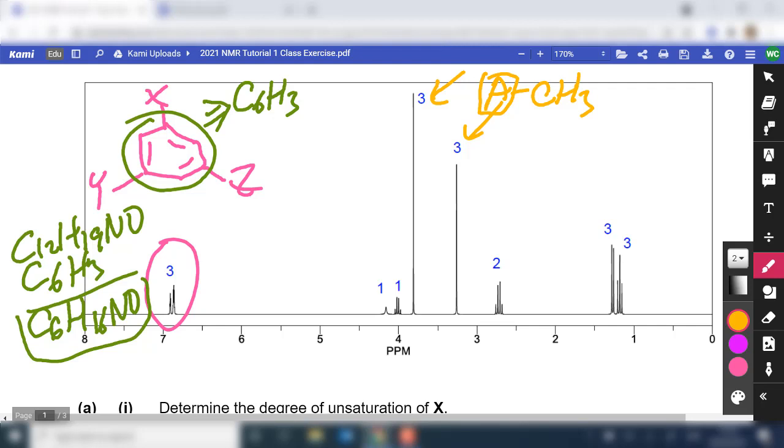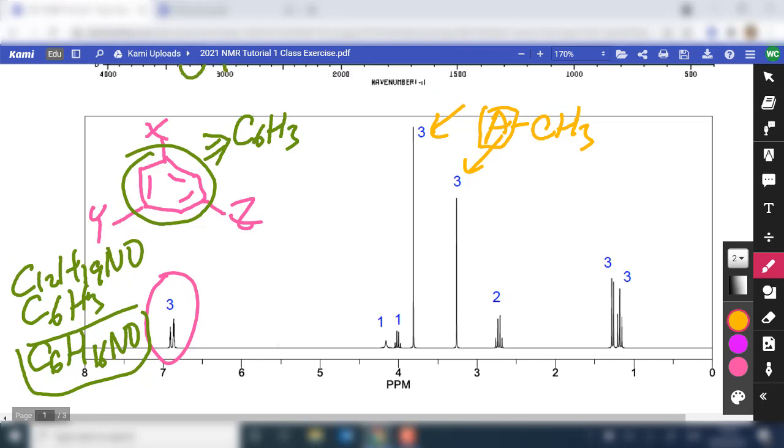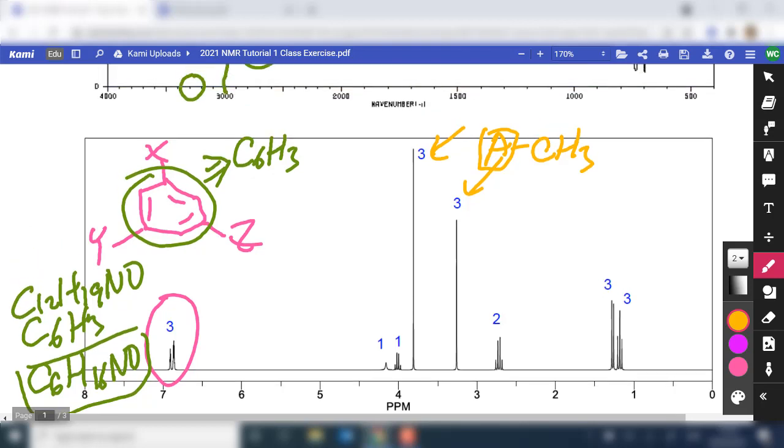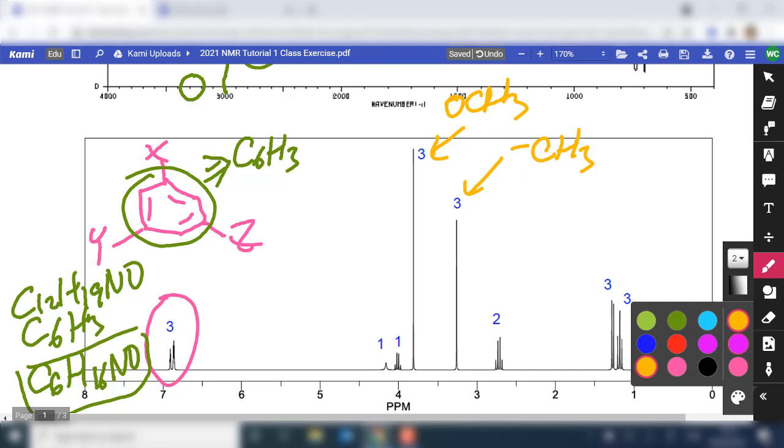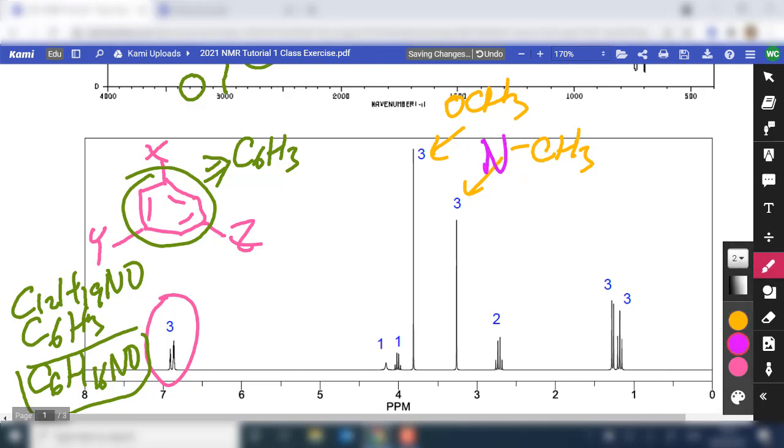But generally, if you work from there, you realize that if you look at a CH3 which is relatively deshielded, we are looking at O methyl. This is OCH3. And then maybe for now, let me postulate this to be an NCH3. I think it does help a little bit when I perform some postulates here.